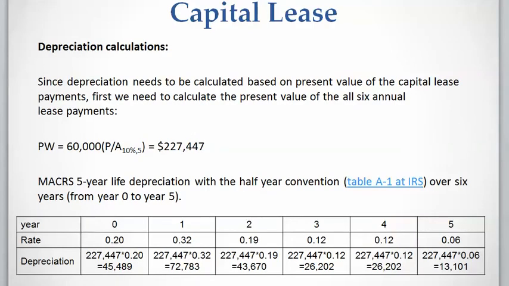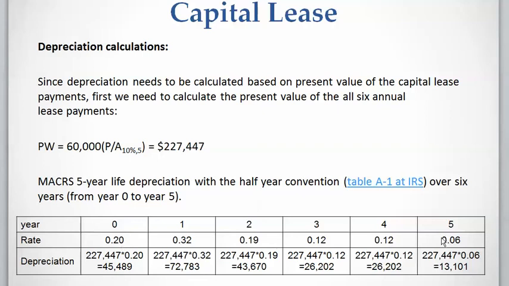Then after calculating the present value of lease payments, we can calculate the depreciation. Intuitively, this present value of lease payments is the present value of the capital cost that we pay for the asset. So we multiply that by the depreciation rate that we read from table A1, MACRS method, 5 years depreciation, half-year convention.